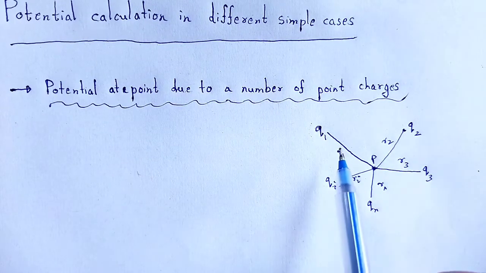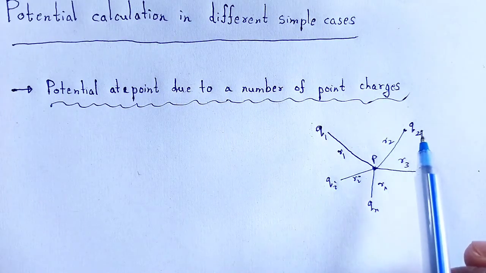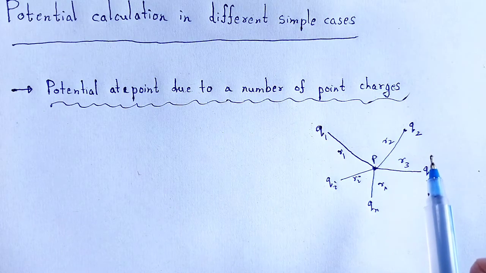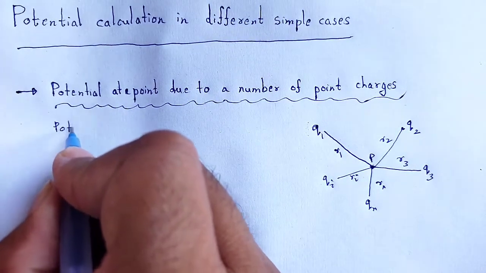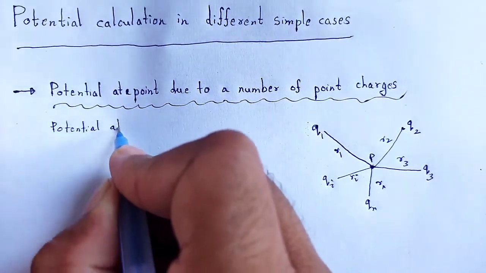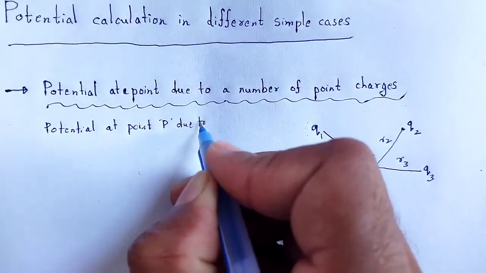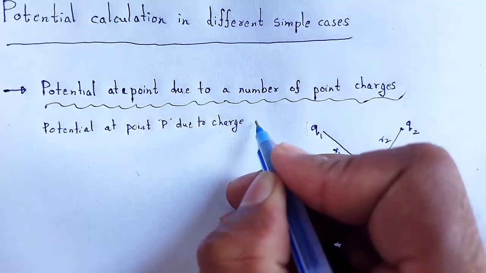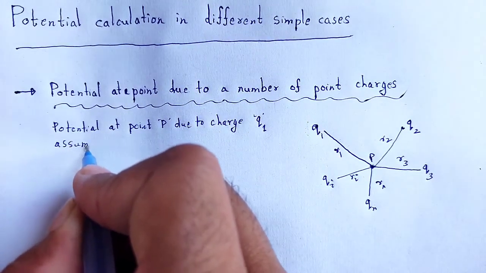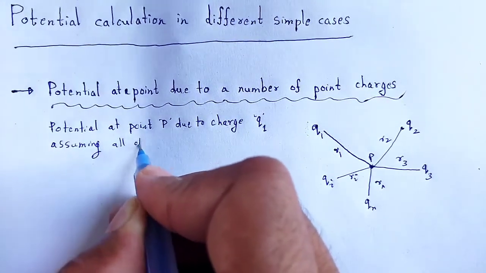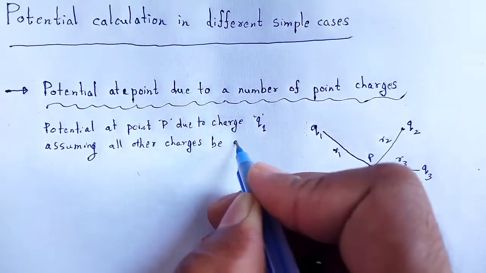That's the basic point: when we calculate the potential due to a particular point charge, the other charges are assumed to be absent.